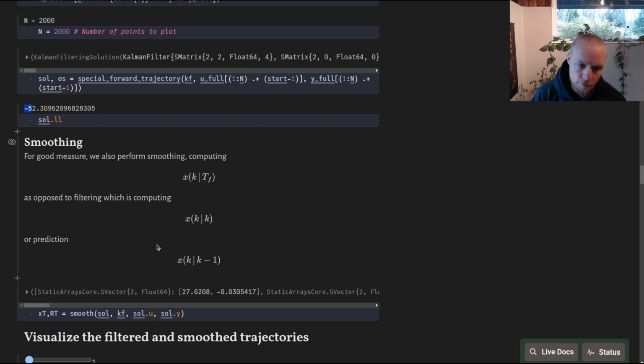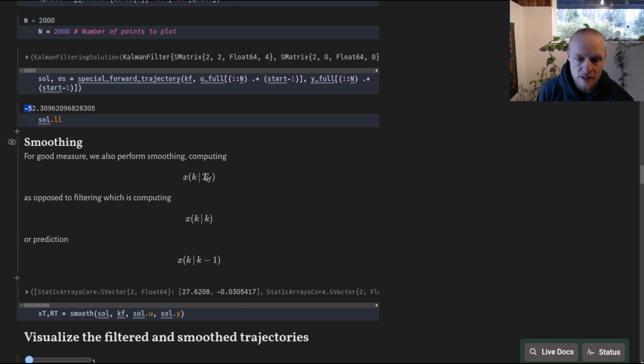We can also predict further in time if we would like that, but this is a one step ahead prediction. Smoothing, on the other hand, is computing an estimate of X at time step K given all the data up until the final time point.